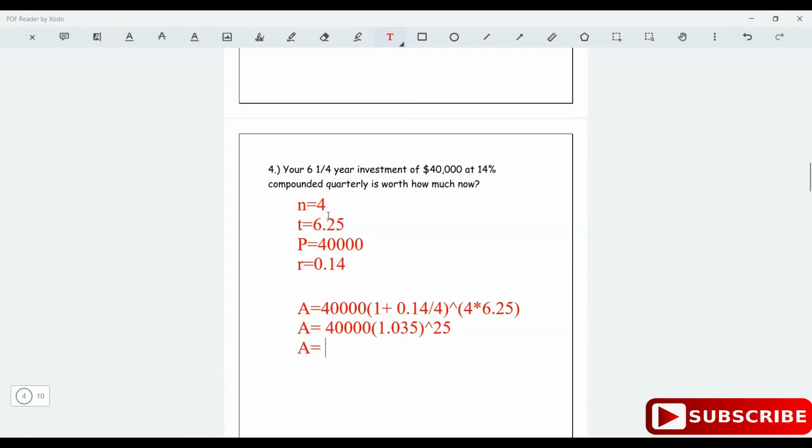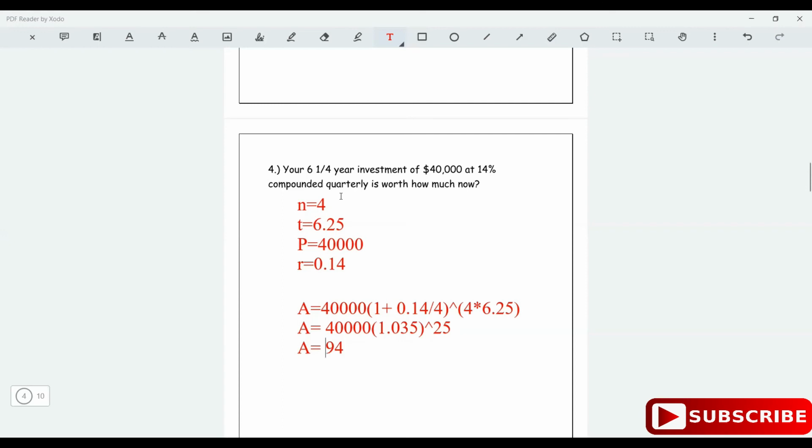Let's check this again. 0.14 divided by 4, 1 plus that, raised to the time, which is 6¼ years, and n is 4. So that's to the 25 times 40,000. Oh my golly, that's 94,000.